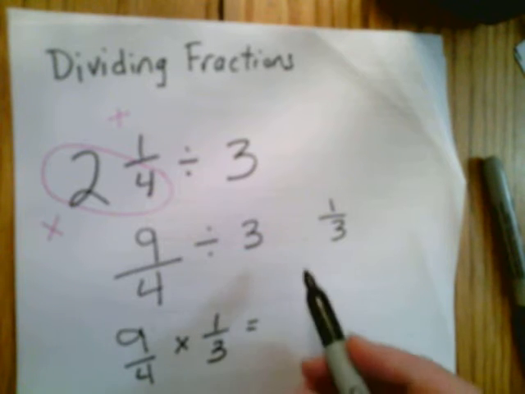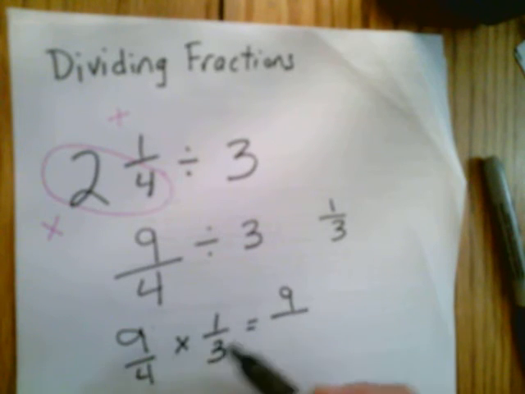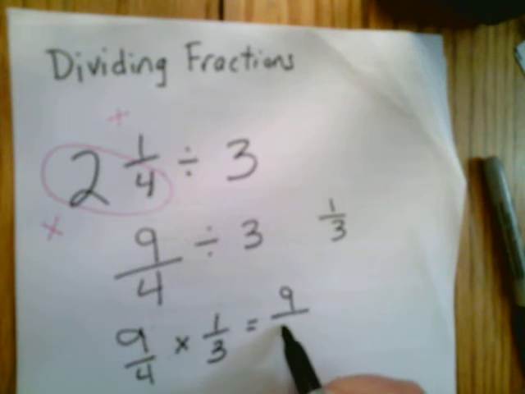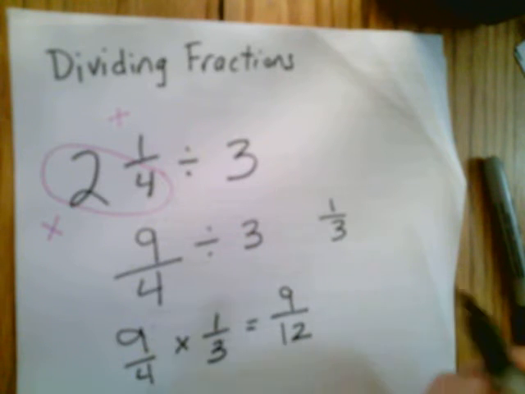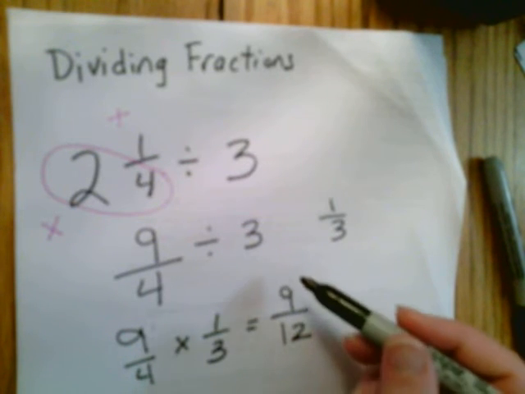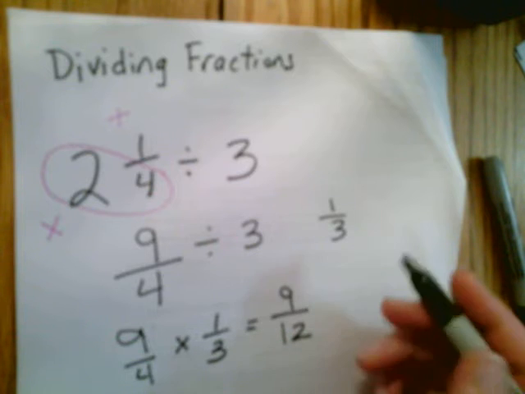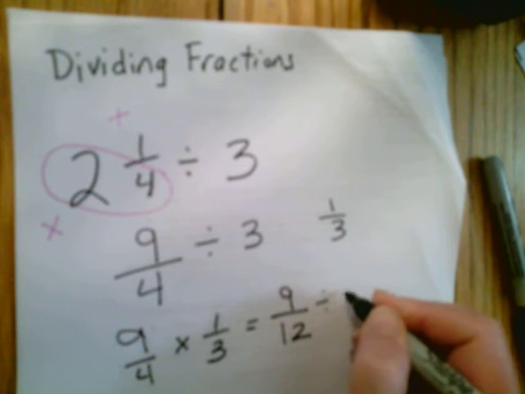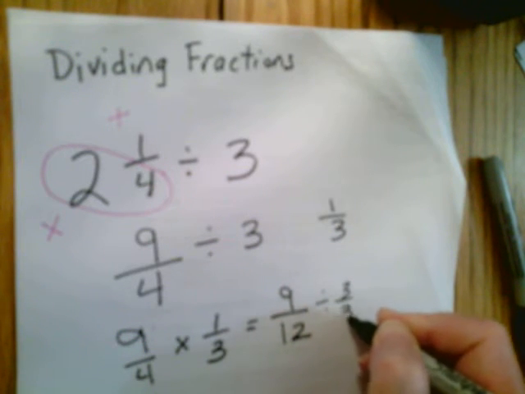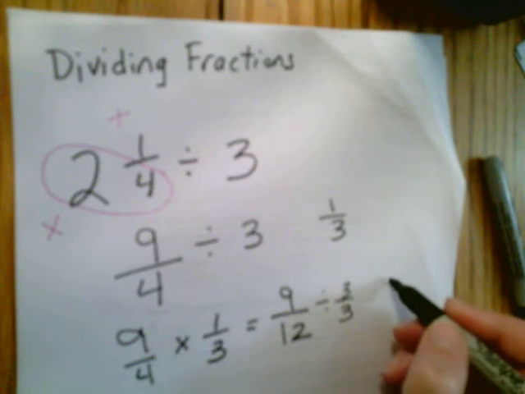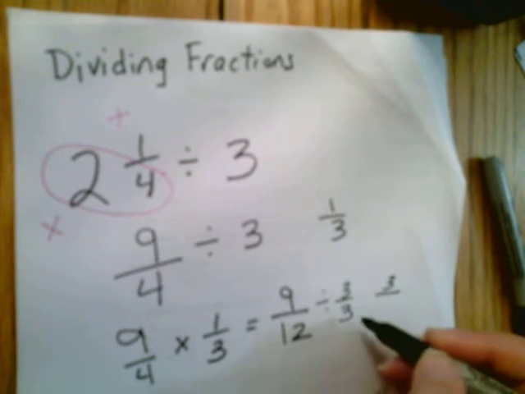And we have 9 times 1 is 9. 4 times 3 is 12. And I can see that I can reduce my answer by 3. 9 divided by 3 is 3. 12 divided by 3 is 4.